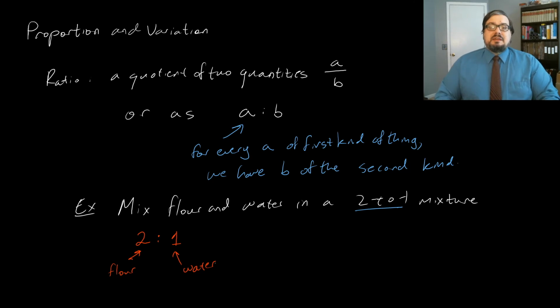Now, the point of a ratio like this is that we can give it without having to specify whether we're talking about measuring things in terms of cups or liters or even grams or pounds.